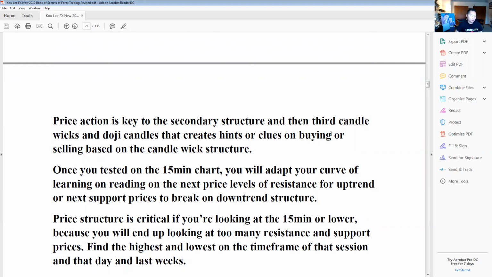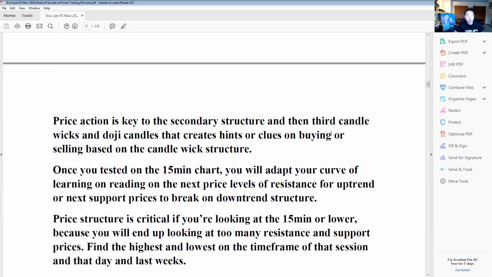And like I said, looking at the 15-minute chart to start out with, you'll dive down and look at a precise picture of whether candlestick structures are ranging in a price or shooting up on the uptrend on the 15-minute. If not, then shooting down.